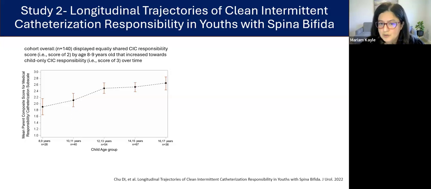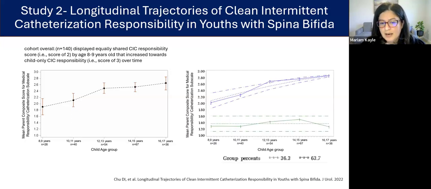So we applied group-based trajectory analysis, and you can see the results on the right side of the screen, whereby we identified 2 groups. One had lower scores on the independence scale and remained low throughout the teenage years.